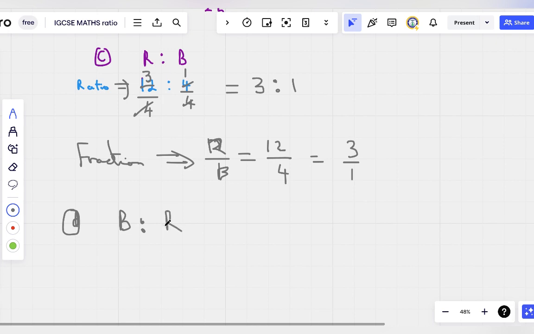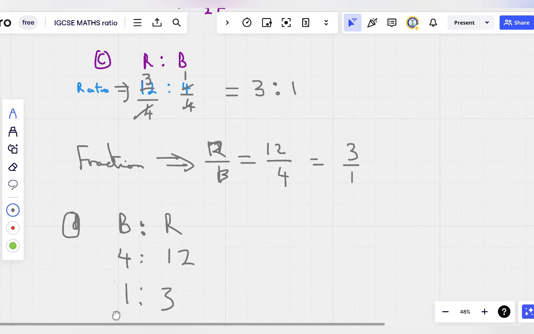Red to blue, now blue to red. Same thing, just flip. So 4 comes first, blue is 4 cars. Okay, let's be fast because it's the same thing. Then 12 comes second. So if you simplify here, 4 divided by 4 you get 1. 12 divided by 4 you get 3. So it's now ratio 1 to 3.